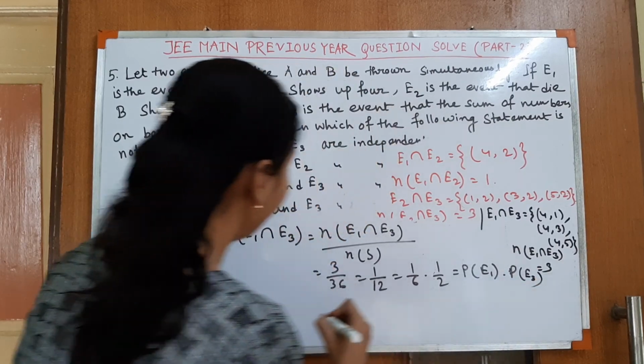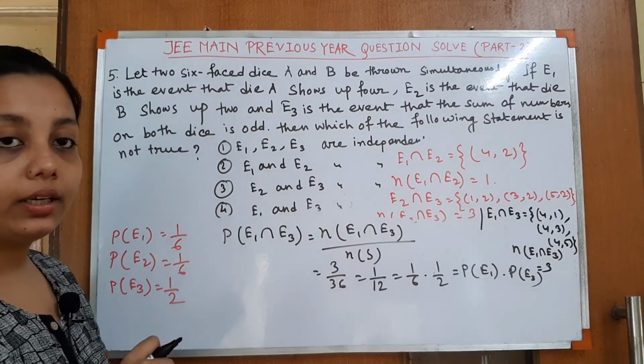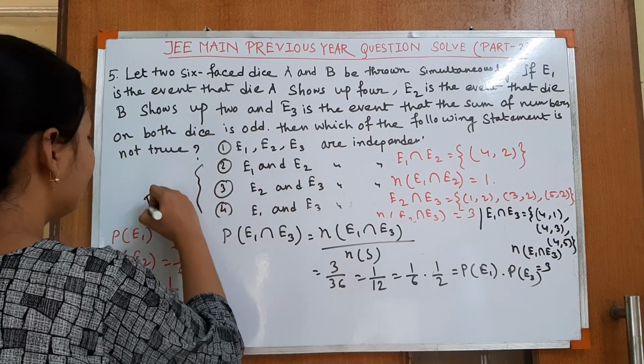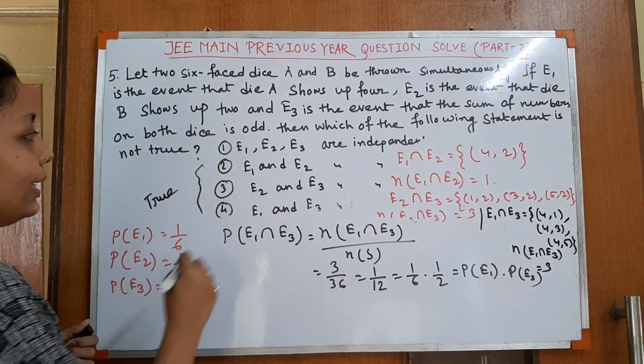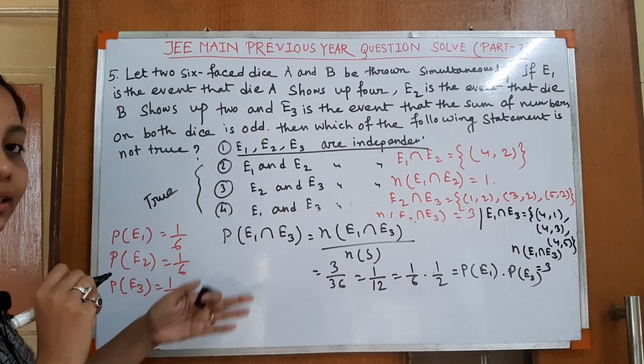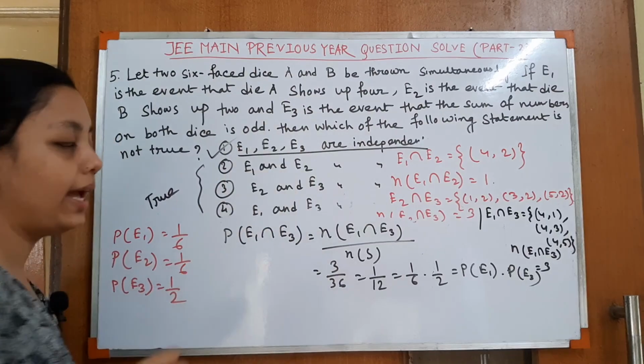So we also get that E1 and E3 are independent. So these three statements are true. Only this one statement, that E1, E2, E3 are independent, is not true. So this is our correct answer.